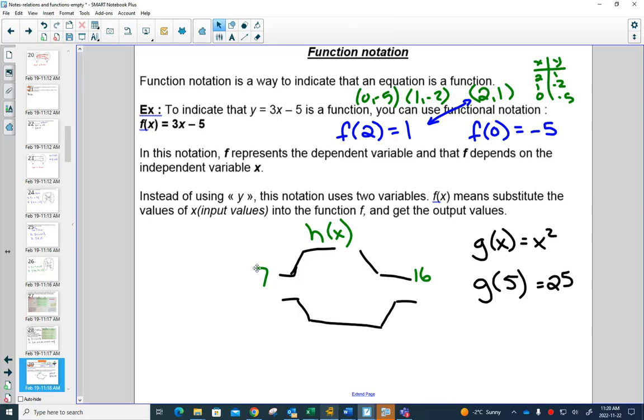Okay. 3. If you put in 3, out would come 4. Put in 0. Oh, that is a good number. Out would come negative 5. Whoa.